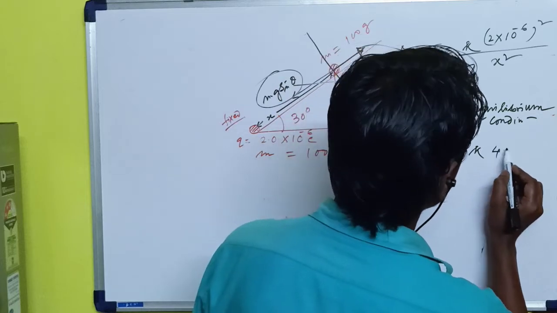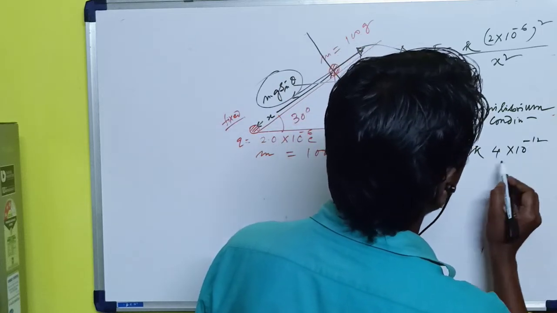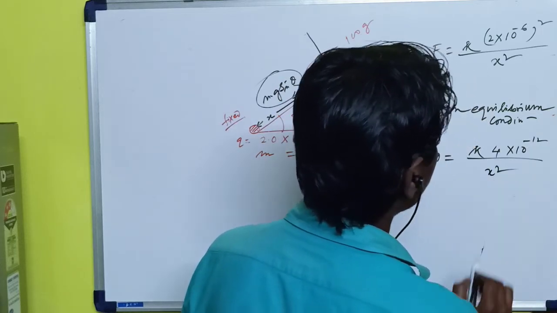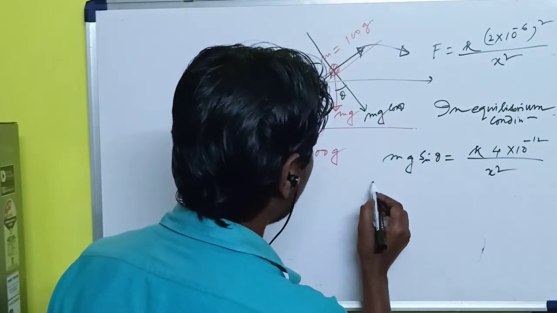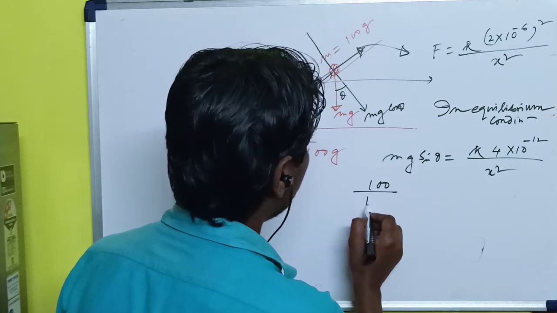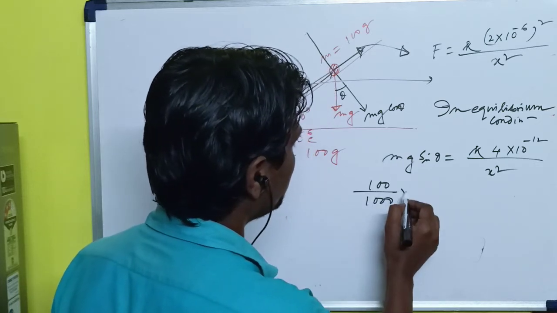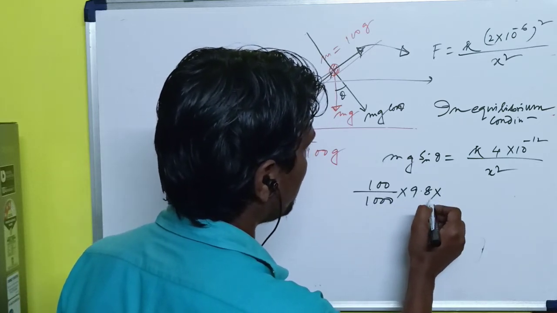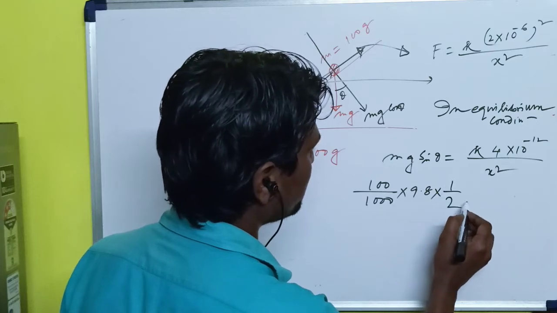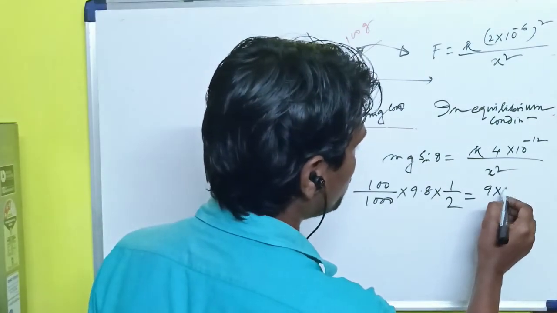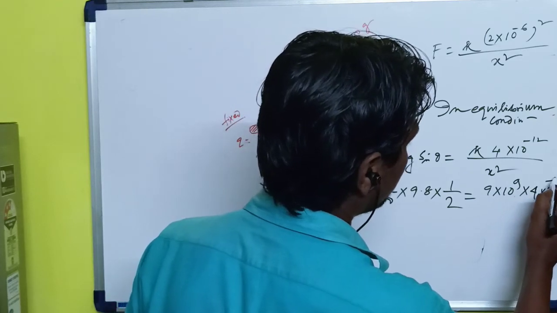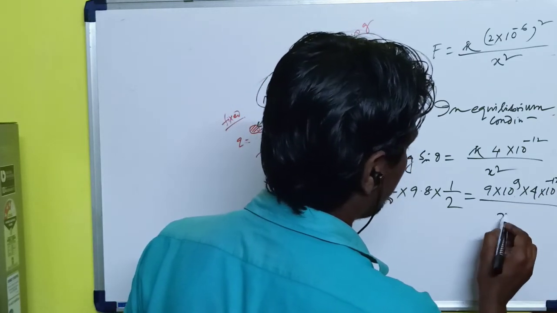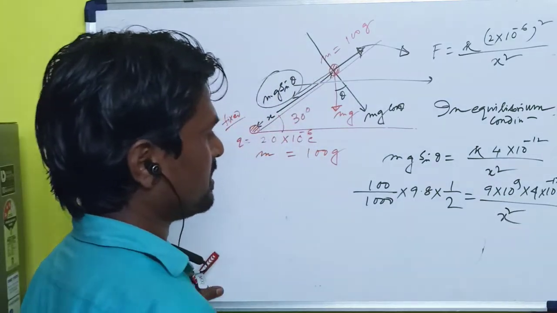So 4 into 10 to the power minus 12 by x squared, and just put 100 in place of m, so 100 by 1000 kg, into g which is 9.8, into sin 30 degree, sin 30 equals half, and kappa equals 9 into 10 to the power 9, into 4 into 10 to the power minus 12 by x squared, and calculate x.